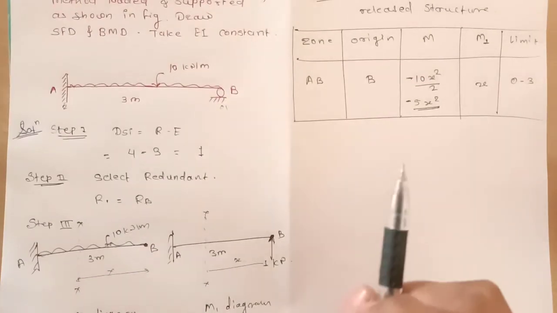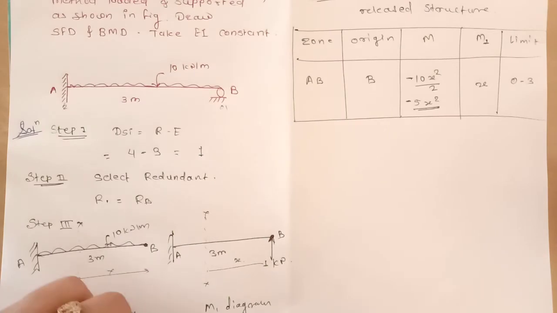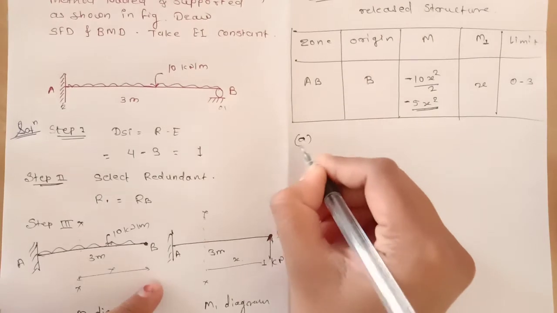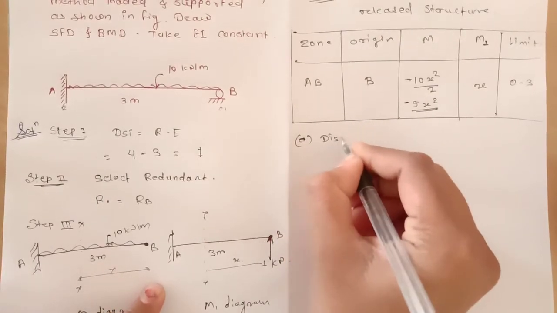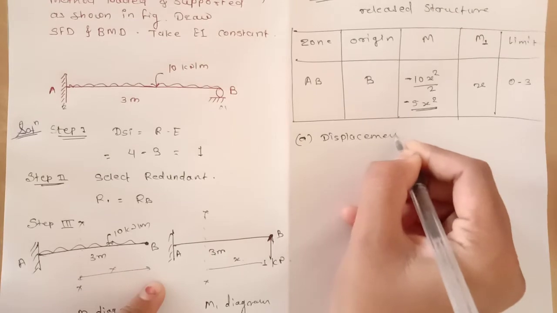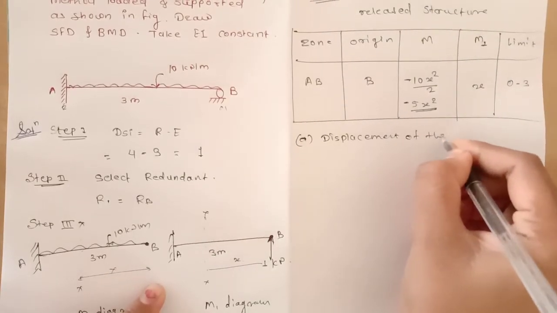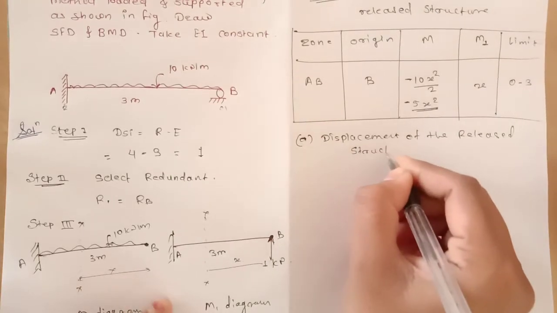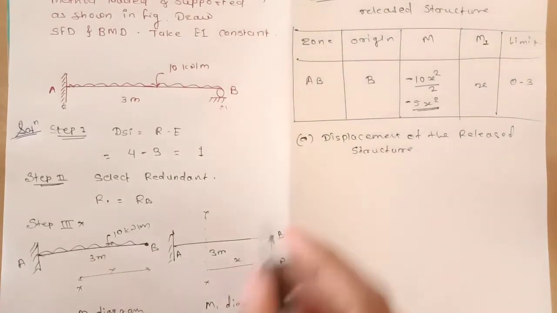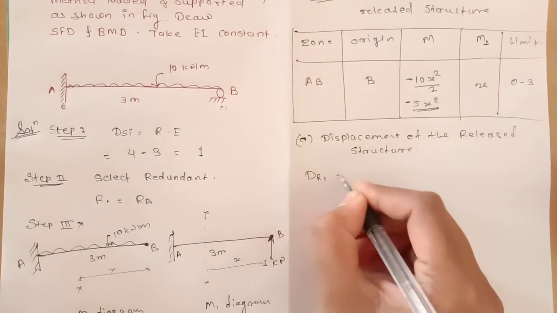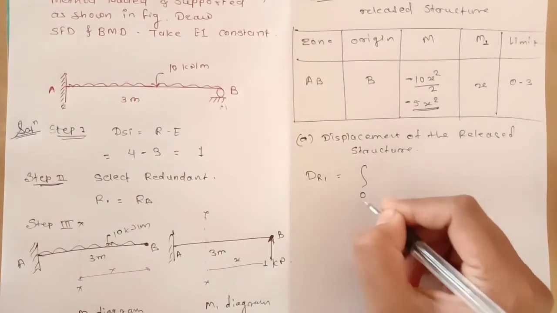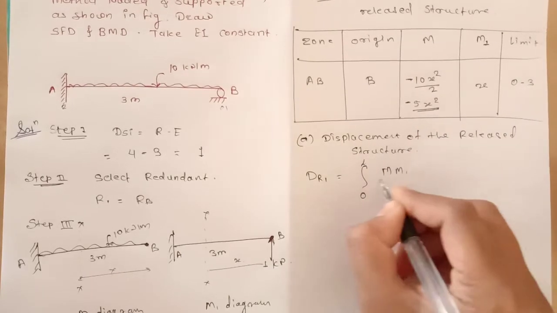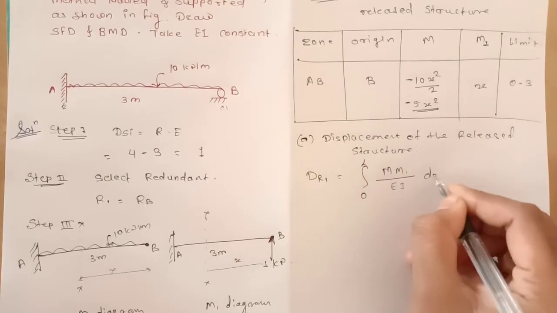Then from this chart we find the displacement and flexibility coefficients. In that fourth step, first is the displacement of the released structure. The displacement of the released structure is equal to the integration, limit 0 to L, of m into m1 divided by EI into dx.